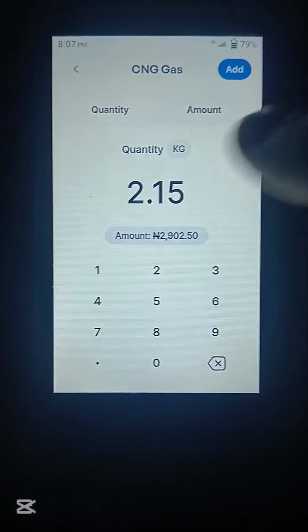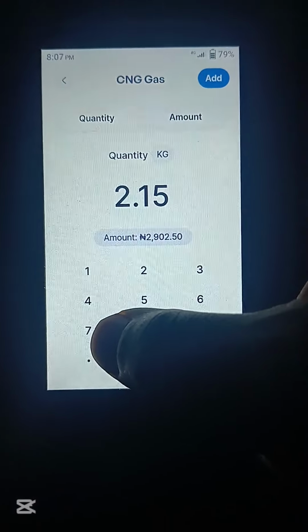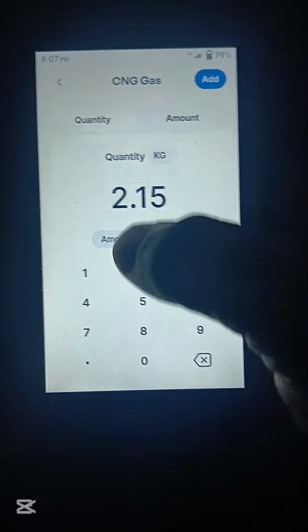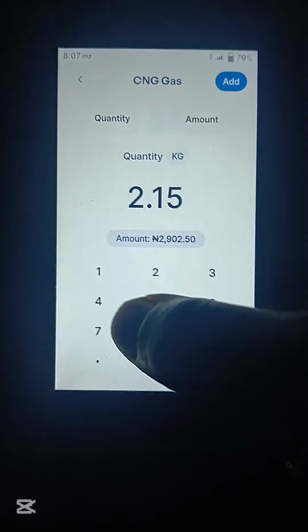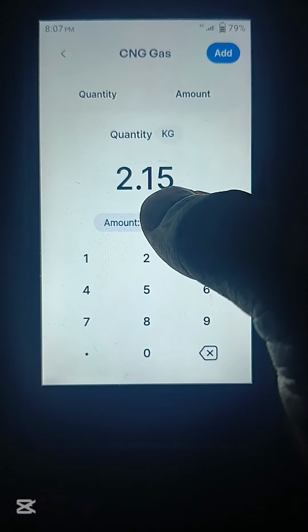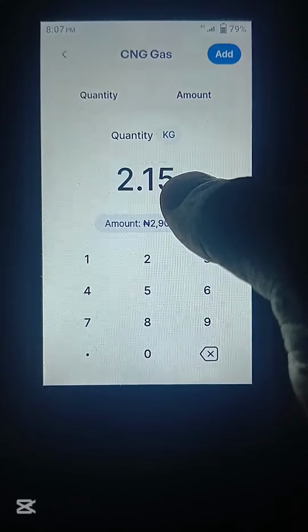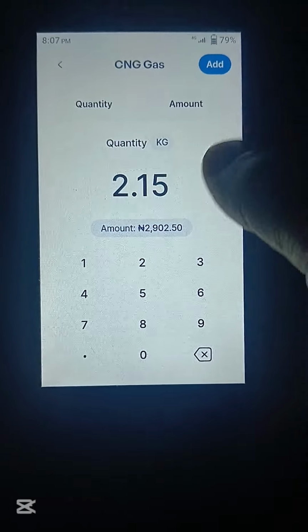So if you are selling this CNG gas at about 2.156, you see here it will not be possible. You have to go back and work on the unit pricing. So you can only sell with two extra decimal points. You can't sell it with any other thing. No matter what I click here, I'll not be able to see any number anymore.